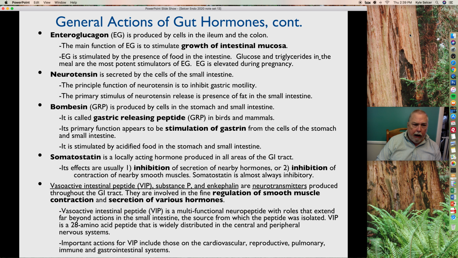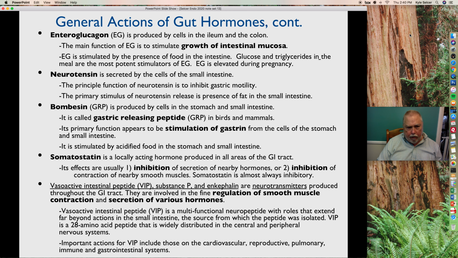Bombesin, which is really gastrin-releasing peptide in mammals, is produced by cells in the stomach and small intestine. Its function appears to be stimulation of gastrin release from the cells of the stomach. So this is one of the major causes for release of gastrin. It's stimulated by acidified food. So you eat a meal, it goes to your stomach and starts churning, the stomach produces acid, it produces pepsinogen, which gets cleaved to pepsin, and then your pyloric sphincter periodically opens and closes.